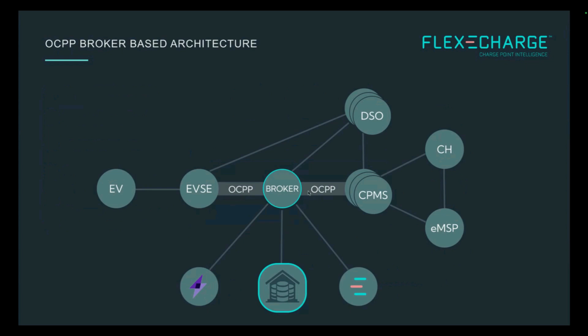In modern architectures, we see the broker here between the EVSE and the CPMS as a data exchange, data brokerage solution.